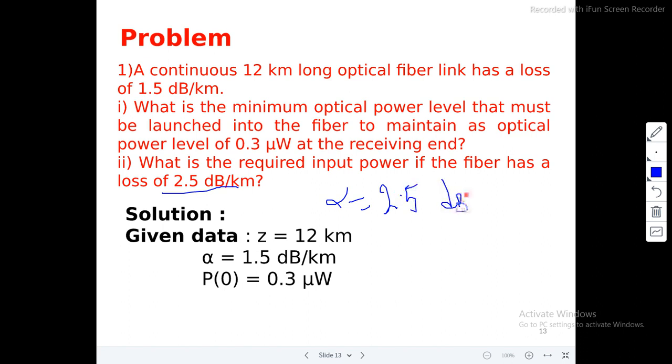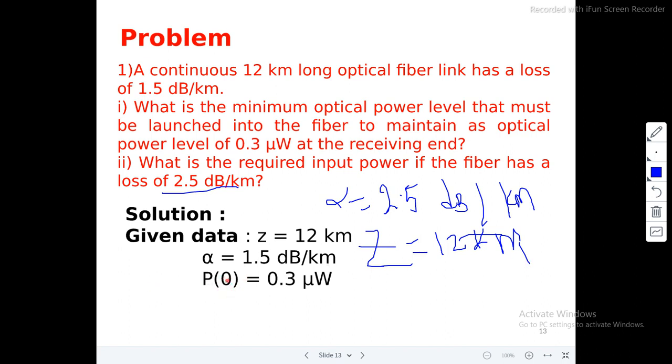So similarly, what is the remaining value? Z is the same, the length is the same. Z is equal to 12 kilometers. Okay?